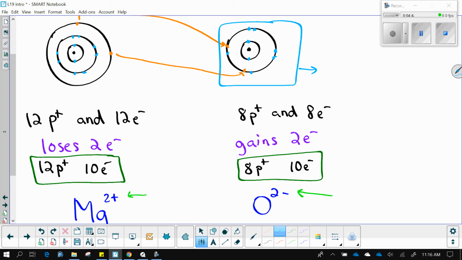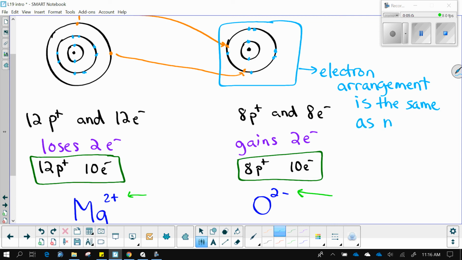So it has the same electron arrangement as neon. Neon is a noble gas. Neon is known to be very stable. That electron arrangement is very stable.